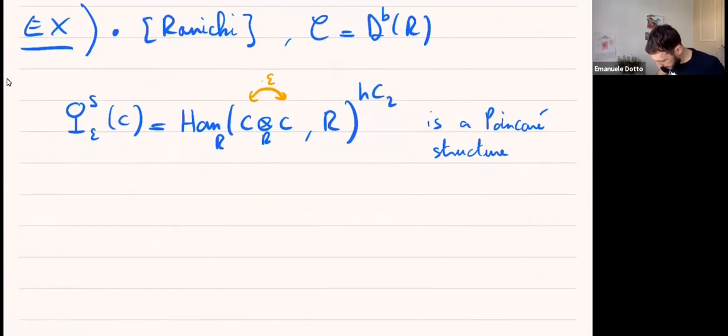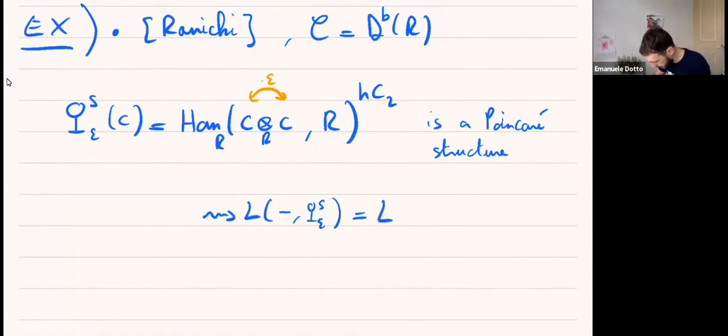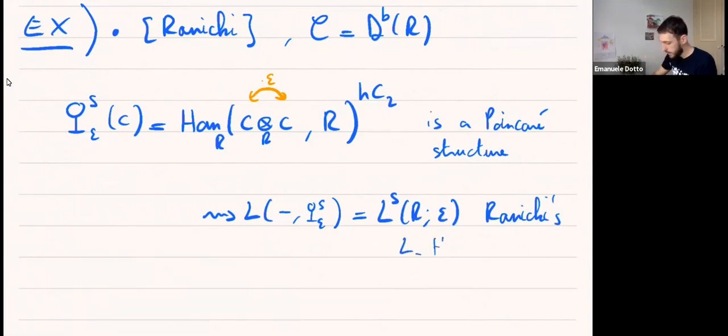And let's see, its L theory spectrum is Ranicki's symmetric L theory. Let me write it L^S of R, epsilon. It's Ranicki's L theory, and it's, sorry, symmetric.